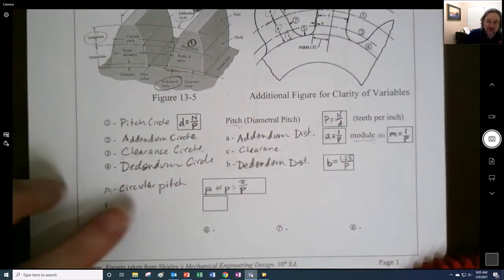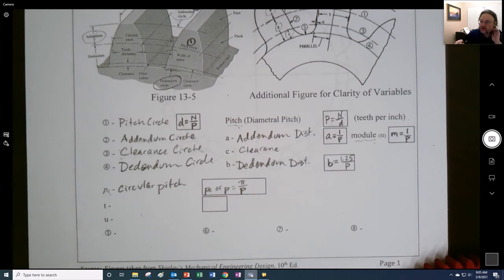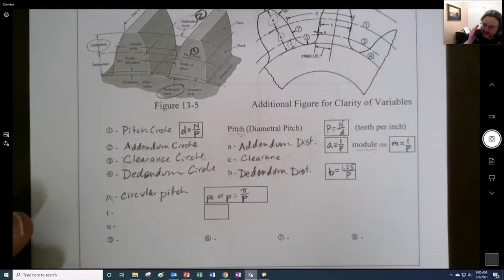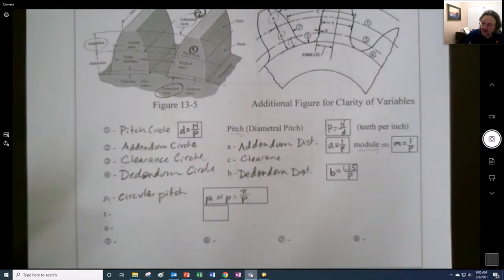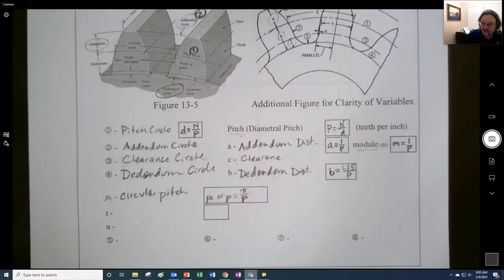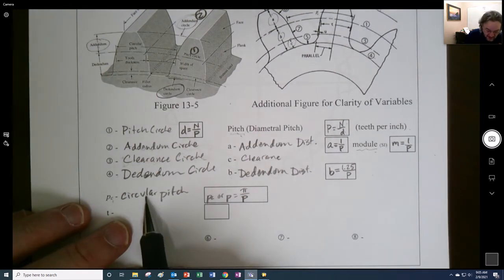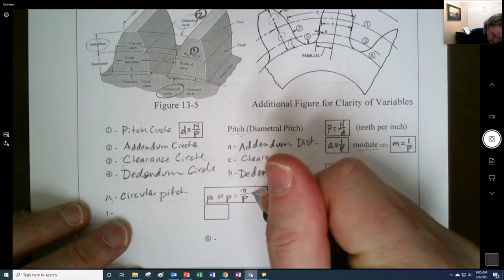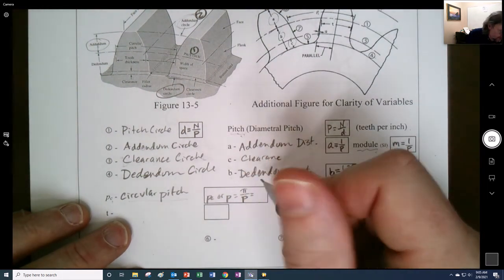And so the circular pitch is closer to what we would refer to as pitch in other instances, right? Pitch in bolts is the number of threads per inch, right? But here circular pitch is going to be a measure, and this is actually inches right here. These are measures. And by the way, this is an arc length. You can also change this equation right here.